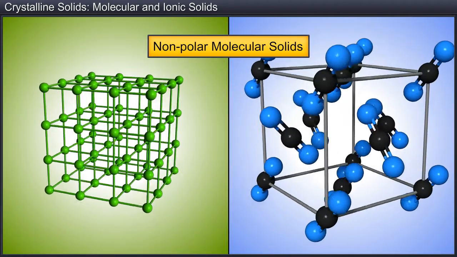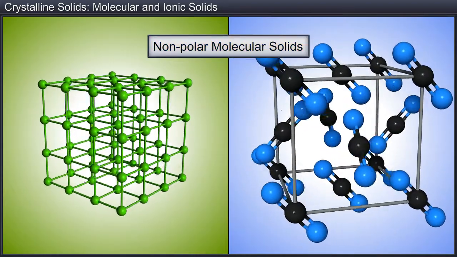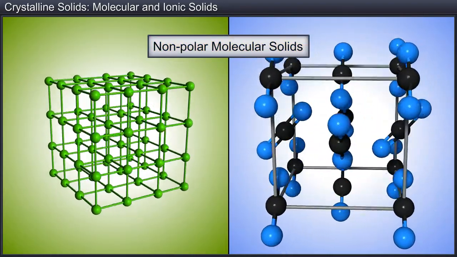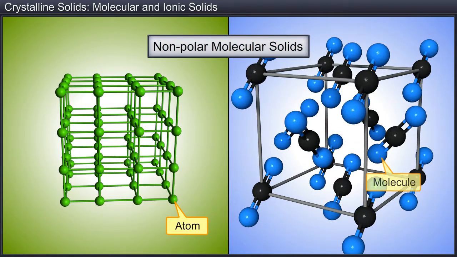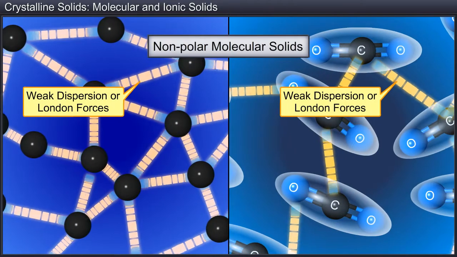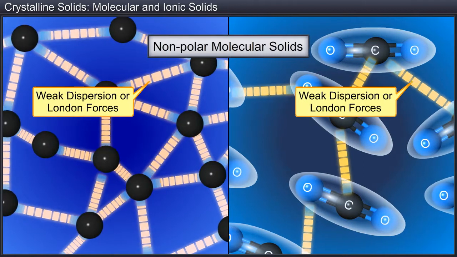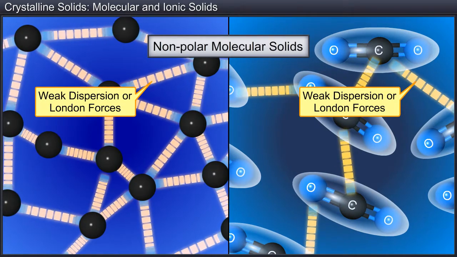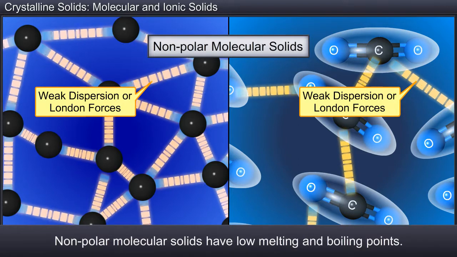In nonpolar molecular solids, the constituent particles are either atoms or molecules. The atoms or molecules in these solids are held together by weak dispersion or London forces. As a consequence, these molecules have low melting and boiling points.